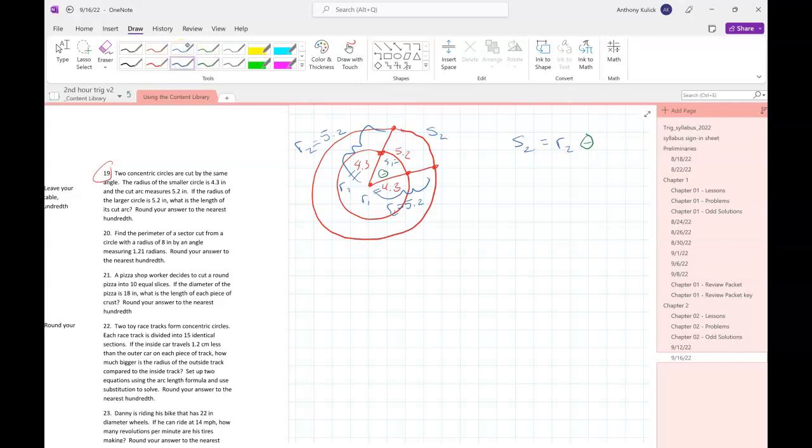Now the problem here appears to be that the only thing I have is my value for R2. I don't have a value for theta. However, if I look at the little circle, I do have 2 of the 3 values there.